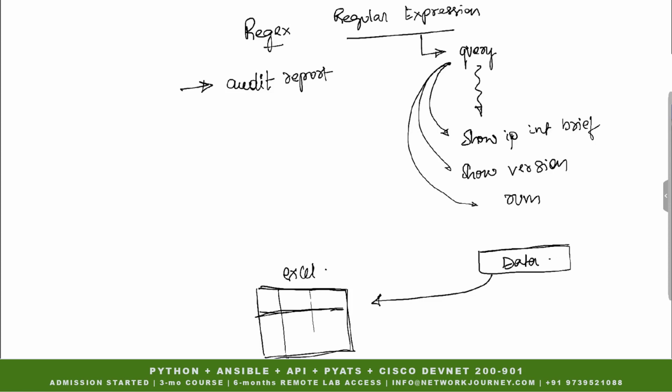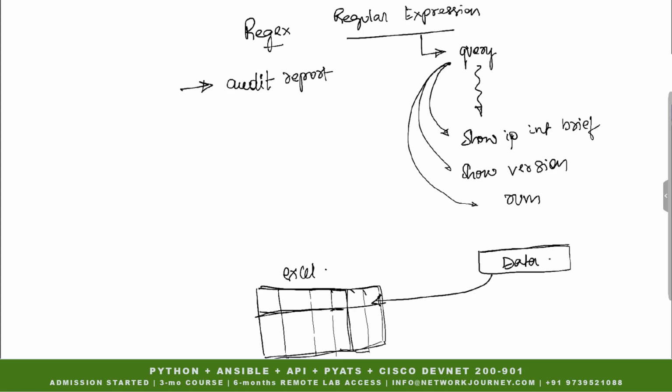They are expecting me to create an Excel, right? In traditional networking, if it is 50 or 20 devices, the engineer might log in, copy and paste to an Excel, and prepare the report.